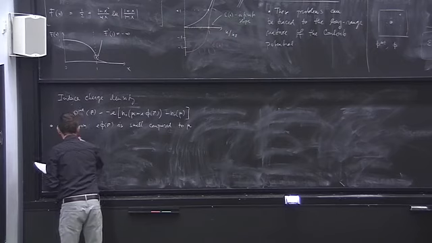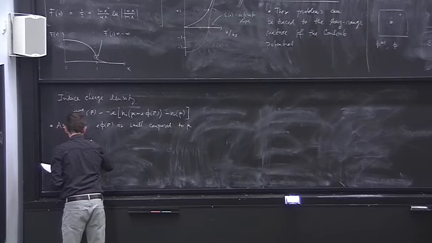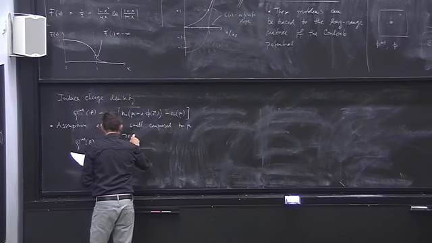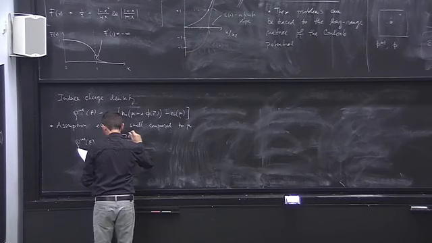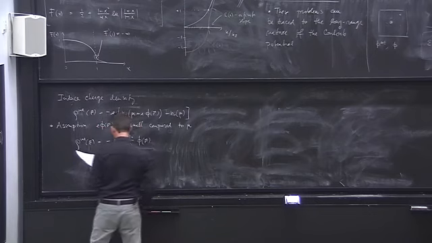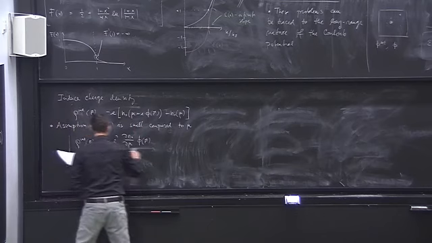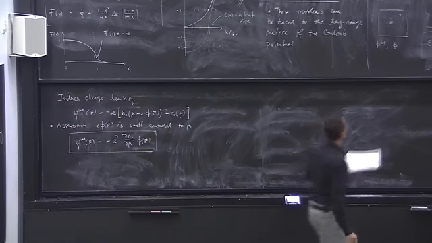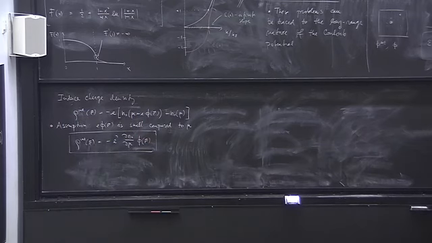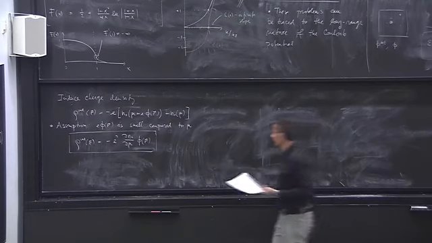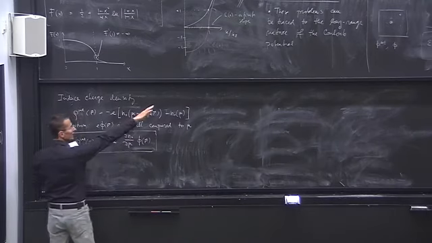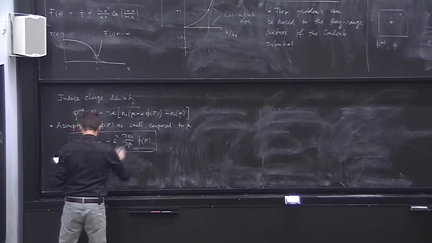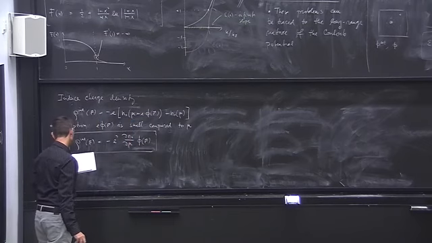In this case, I can write rho induced of r as minus e squared dn naught over d mu times phi of r. And this is an important relation, because it identifies the susceptibility. Susceptibility chi, according to the definition, is just the constant of proportionality between the induced charge and the total potential.